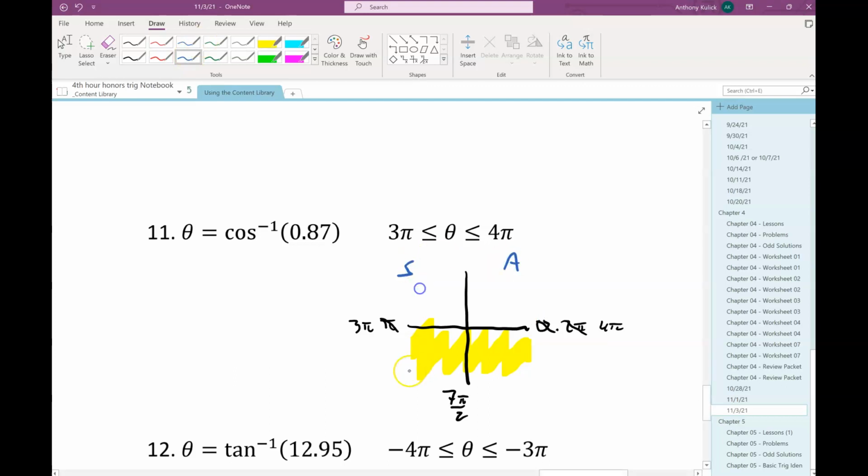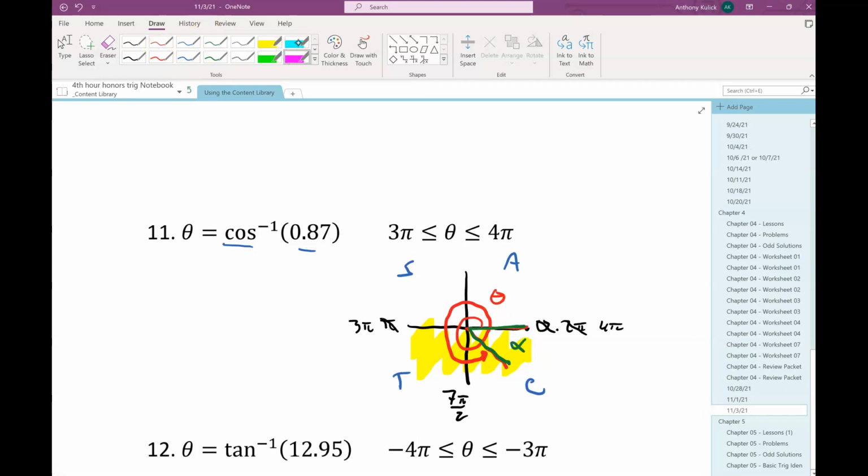So all silly turtles crawl tells me cosine is positive in quadrant 4. So I go around to 2 pi and then around again to the terminal side. So there's my theta. There's my alpha.